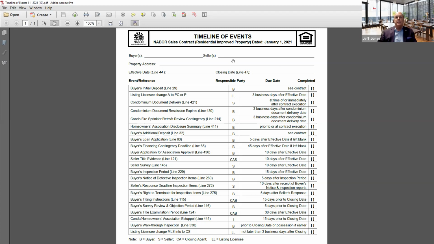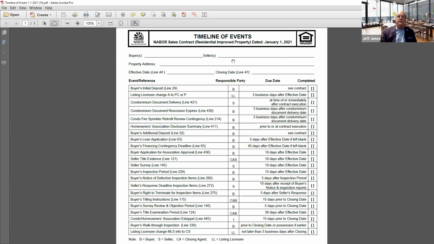Here's one calendar of events for each contract. Excuse me. And you want to put the date in there, and you want to share this with your customer. What will that do for you? Well, A, it will keep you on track so you make sure that nothing gets missed.